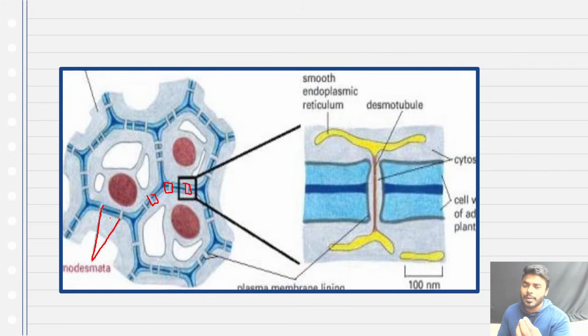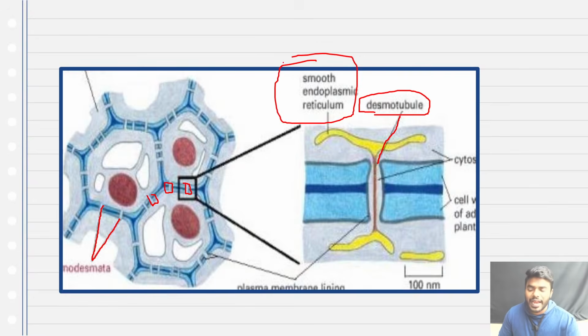What is this plasmodesmata made up of? Everyone keep it in your mind. The plasmodesmata is made up of the desmotubule. Right, and the plasmodesmata contains smooth endoplasmic reticulum. So listen to my statements very carefully.